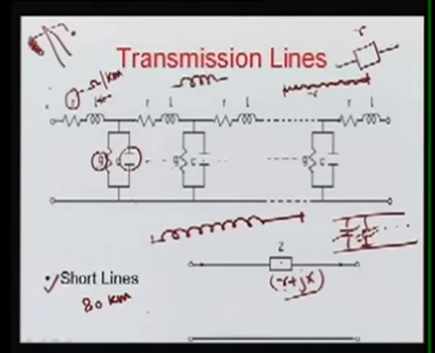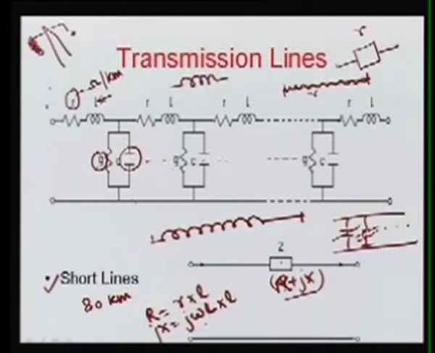Here capital R and capital X are R into the length of the line, and X is nothing but j omega L, that is L into the length of the line.